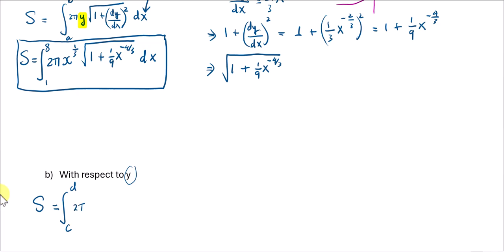And this is again 2 pi y, and same thing, the square root of 1 plus, and this time not dy over dx, but dx over dy squared. And the outside, the differential must be dy, the same letter y.